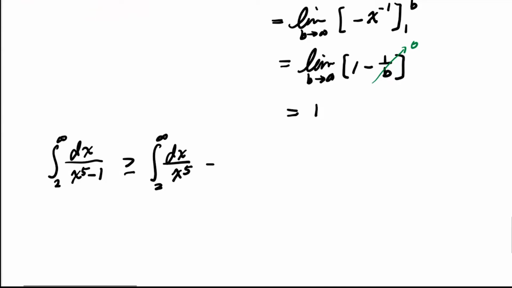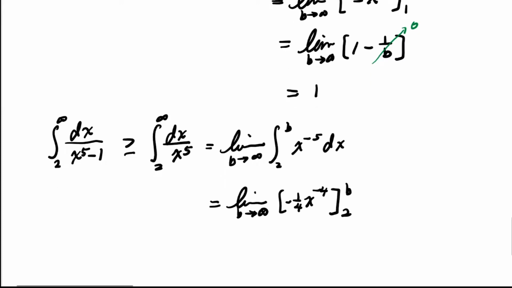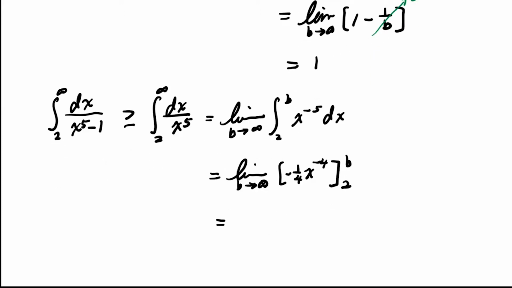Okay, but if we do this, limit of b approaching infinity, from 2 to b, the same thing is x to the -5th power dx, correct? Limit as b approaches infinity of, this is the x to the -4, so still -1/4 here. You with me? Okay.